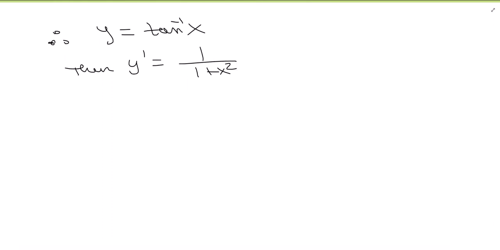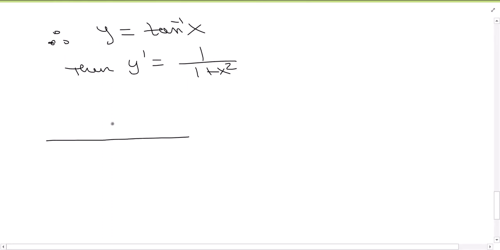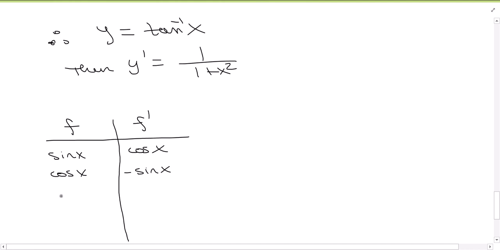So let me again summarize some derivatives. I'll do my trig and then we'll do the inverse trig. So we know that for sine x, the derivative is cosine x. For cosine, the derivative is negative sine. For tangent, the derivative is secant squared, and so on, right? Cosecant is negative cosecant cotangent.